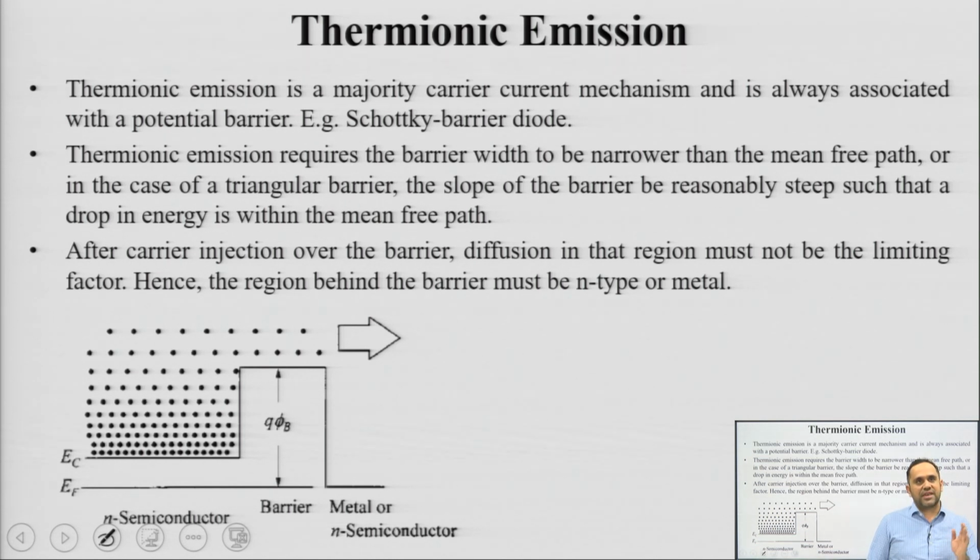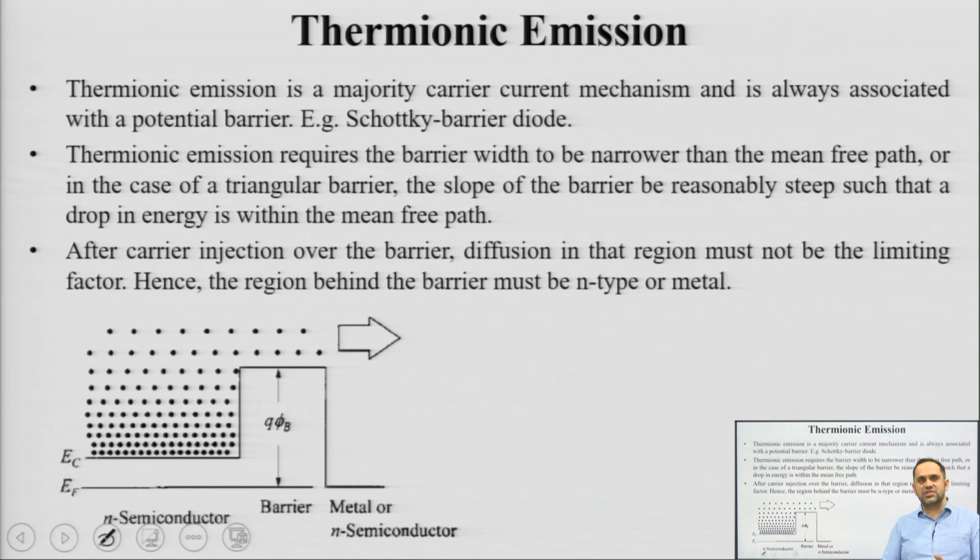If one side is metal and the other side is semiconductor, you only have the depletion region on the semiconductor side, and if you keep increasing the forward bias, that depletion region also reduces. So, the barrier is quite narrow and is of the order of the mean free path. Or say for example, a triangular barrier where the slope is quite steep. In such devices, you can have the mechanism of thermionic emission.